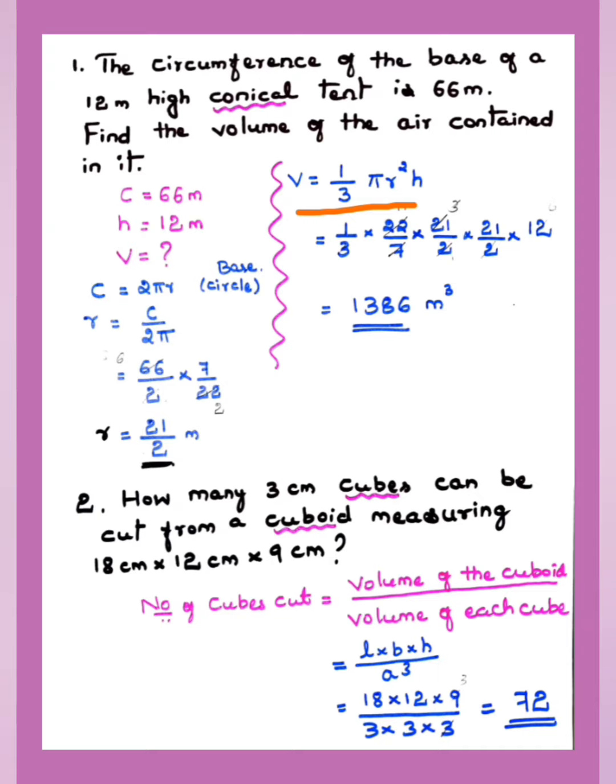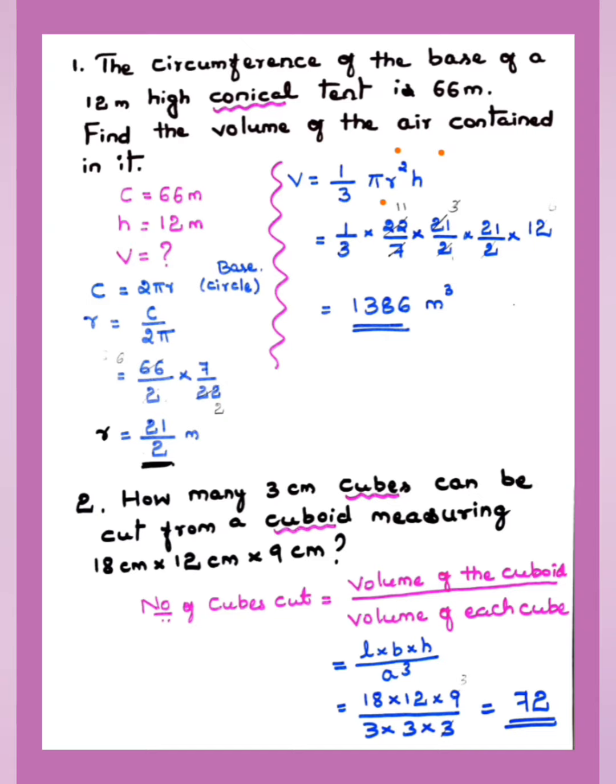The circumference of a base of a 12 meter high conical tent. So it is 12 meter high, height is equal to 12 meter. Circumference is 66 meter. Find the volume, V is equal to question mark. To find the volume, we require R and H value because pi value we know and this is a constant. Hence, only H value is given, height is given.